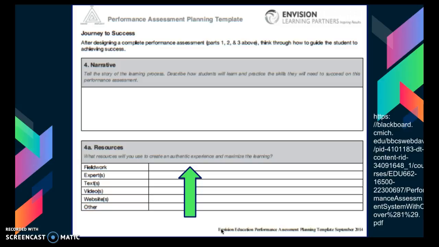So, just looking through this planning template, it's very, very close to what we already do for world language, and it's very compatible with our ACTFL standards.